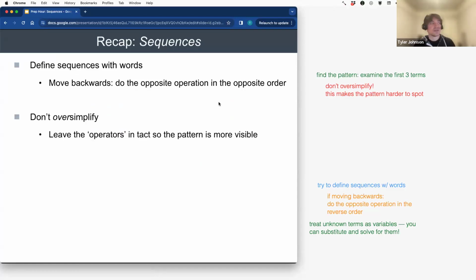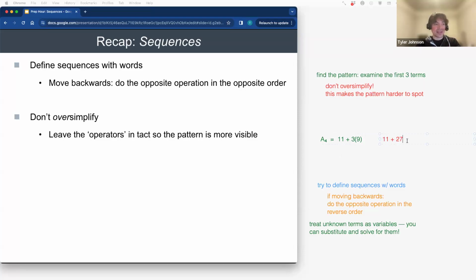Another thing to be careful of is don't try and oversimplify the sequences. As you're doing those outputs, it's kind of leaving the operations intact. That'll help you out. For example, we had a sequence earlier that was something like a to the 4th equals 11 plus 3 times 9, right? And it's leaving it as 3 times 9 that makes the pattern easier to see.